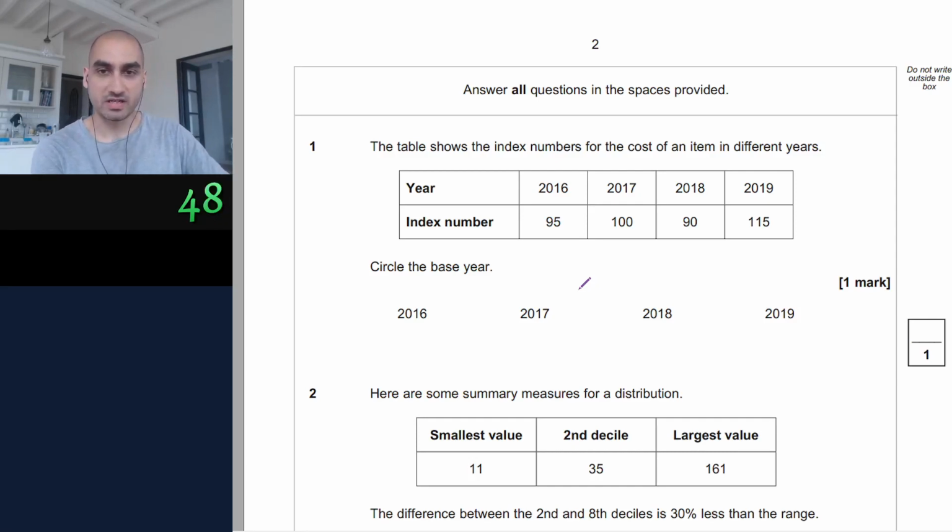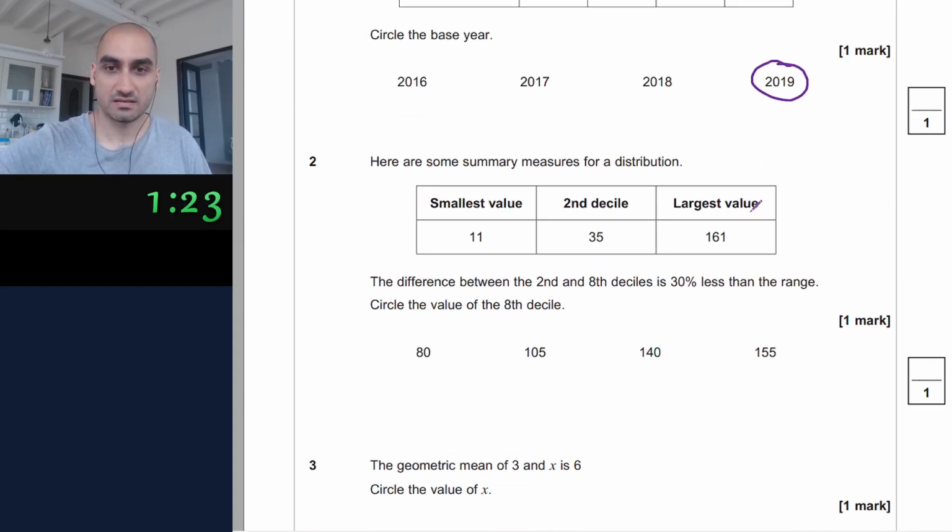All right, what could it be? I mean, it wouldn't be the median. It wouldn't be the mean. Could it be the year which has the average? But then you wouldn't be able to calculate that easily. 90, 95, 100, 115. So what's the average? Somewhere between 95 and 100. I don't know. What is the base year? I'm stuck already. I'll just go with the modal. Let's go with that.